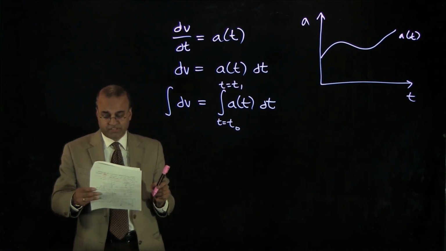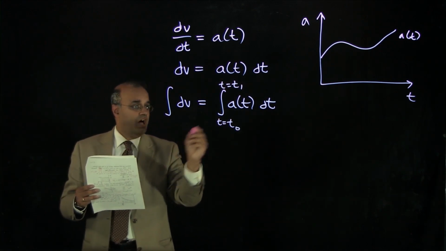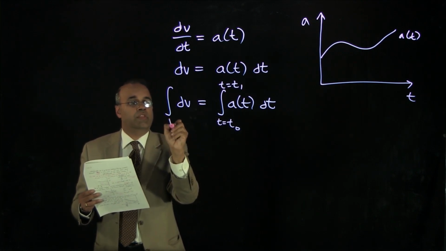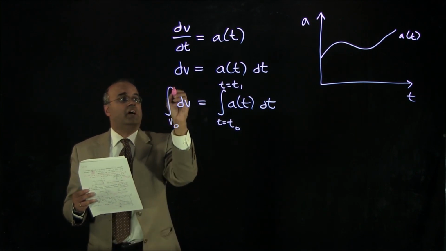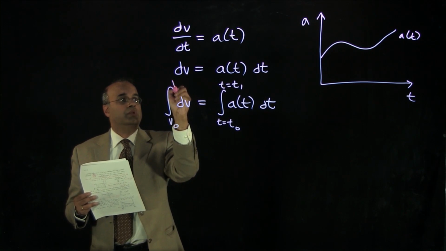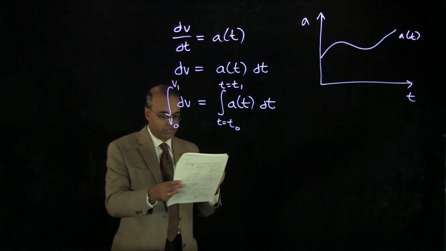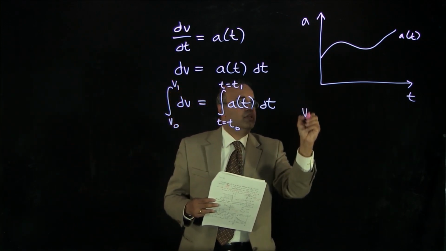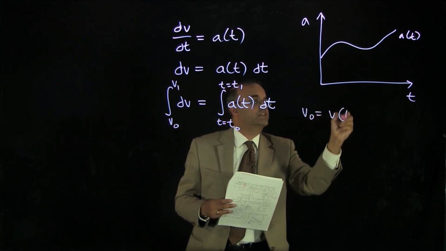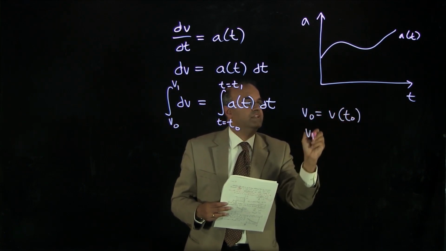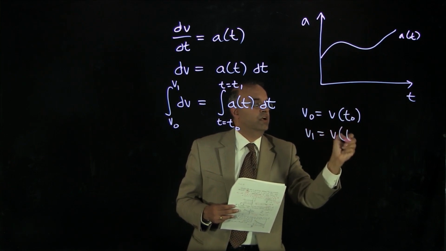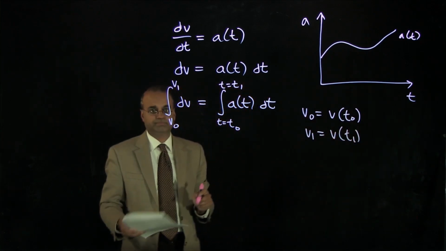And then on the left-hand side, the corresponding limits are the velocity at time 0, I'll call that v naught, and the velocity at time 1, which I'll call v1. So just to be clear, I'm assuming here that v naught is equal to the velocity at time t naught, and v1 is equal to the velocity at time t sub 1.